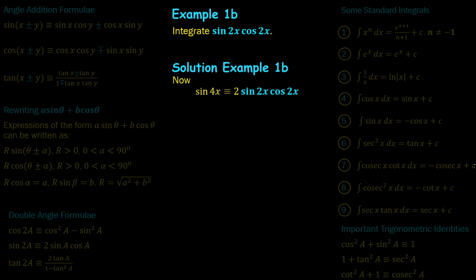Every time you see sine of an angle times cos of the same angle, you may need to think about one of the double angle formulae. In particular, sin 2A is identical to 2 sin A cos A. And here, of course, we've converted sin 4x to 2 sin 2x times cos 2x. We've let A equal 2x.